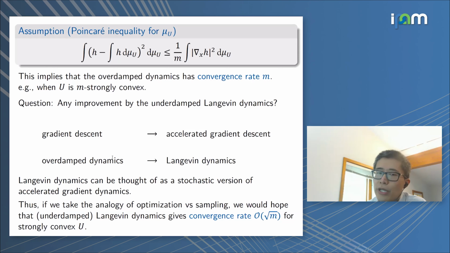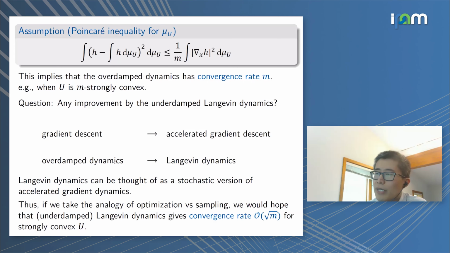if we take away all the noise from our dynamics, then we realize that actually the Langevin dynamics is essentially accelerated gradient descent. Okay, and similarly, overdamped dynamics is just a noise-perturbed version of the gradient descent, right? If we take the analogy between optimization, so the first line here is algorithms for optimization, the second line here is algorithms for sampling, right?